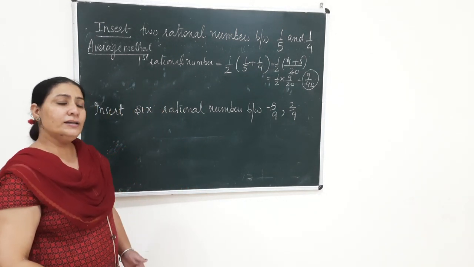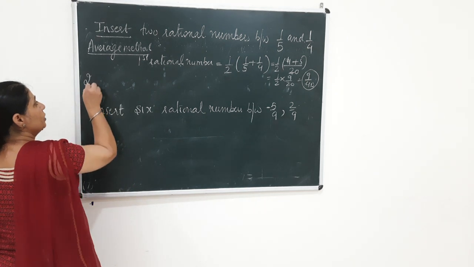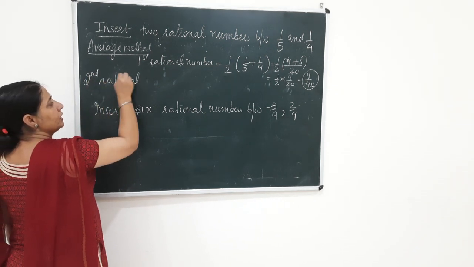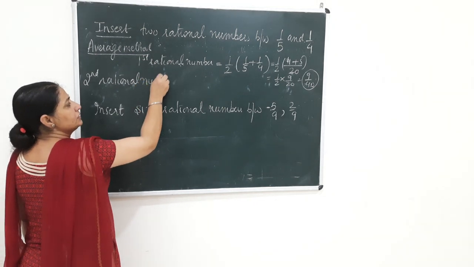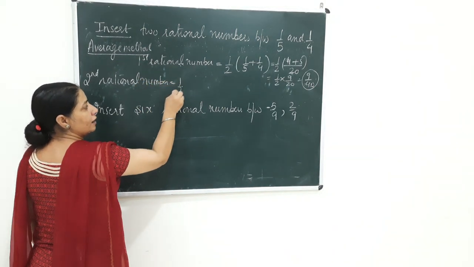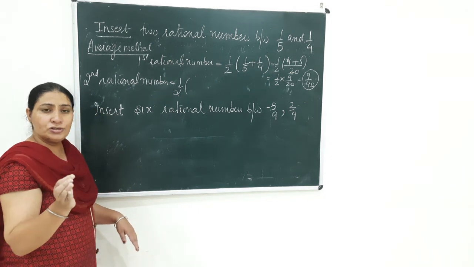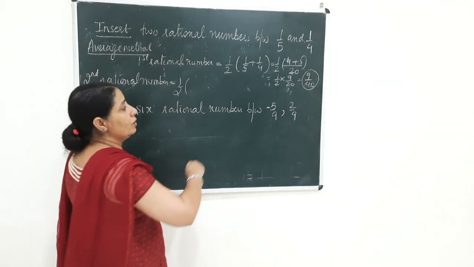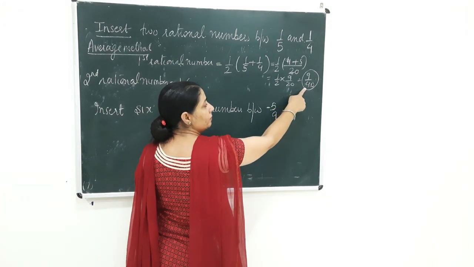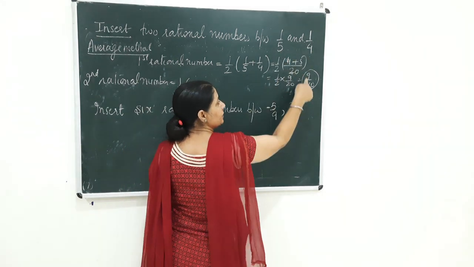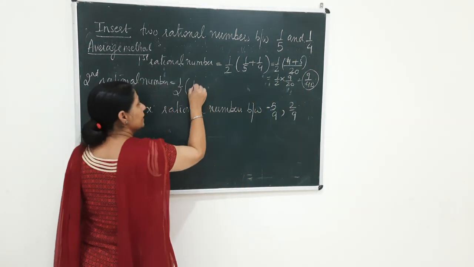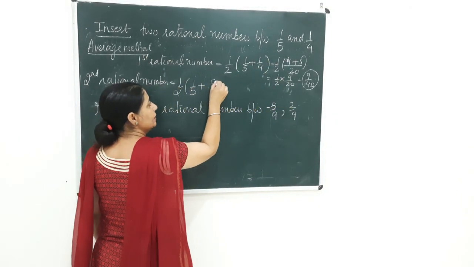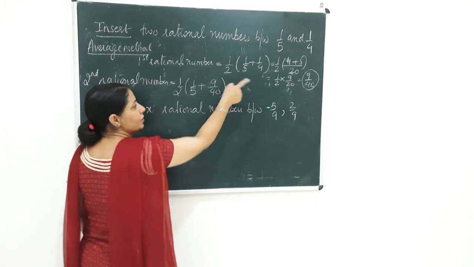Now if I have to find the second rational number, what will I do? See here. For the second rational number, we have to follow the same step. What is the step that you have to do? That is half. Again, I said average. That means I will take the half of which numbers now? You have already found a number between these two numbers. So now I can take the first number, which is 1 by 5, and I will take my second number which I got in the first case.